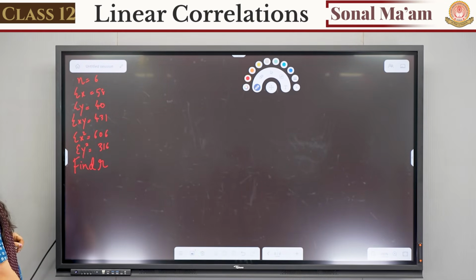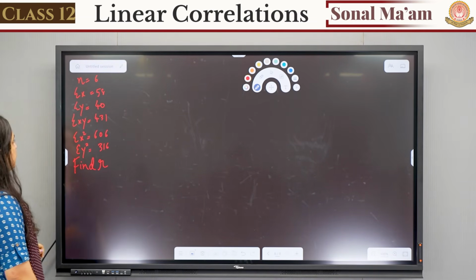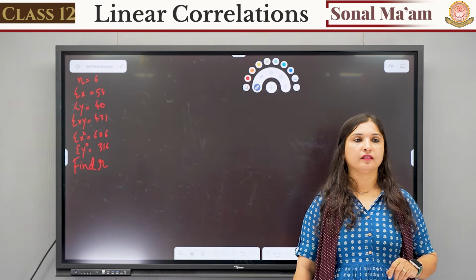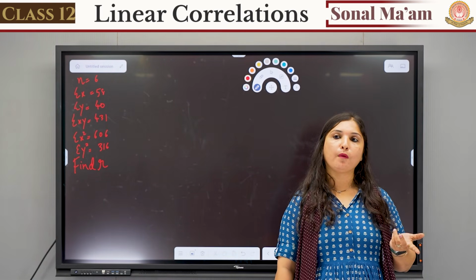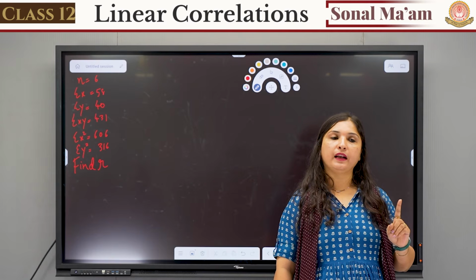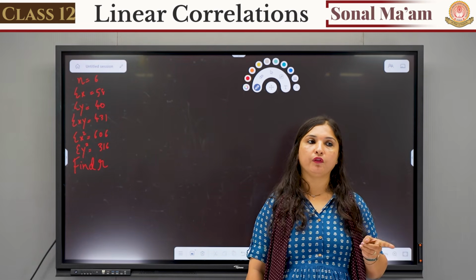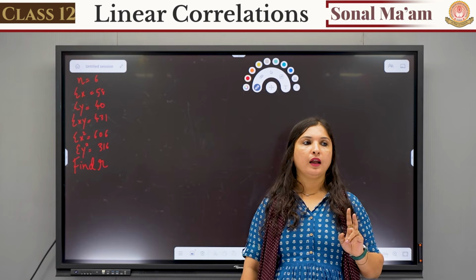Okay. N is equal to 6, summation x is equal to 58, summation y, summation xy, summation x square, summation y square are given. Find R. Very easy. Which formula to be applied? When x bar and y bar will be in decimal and observation values will be small. What was the formula?